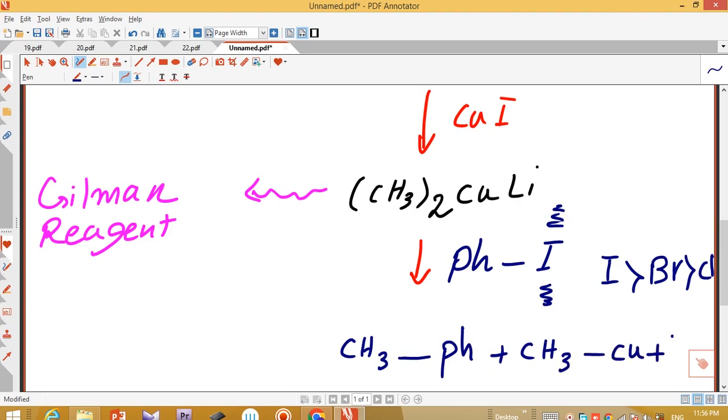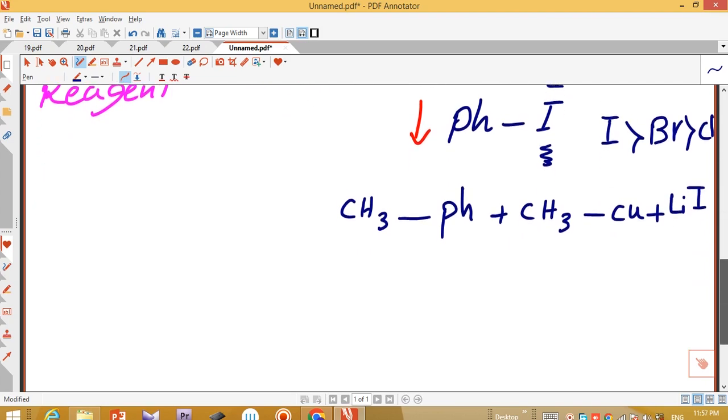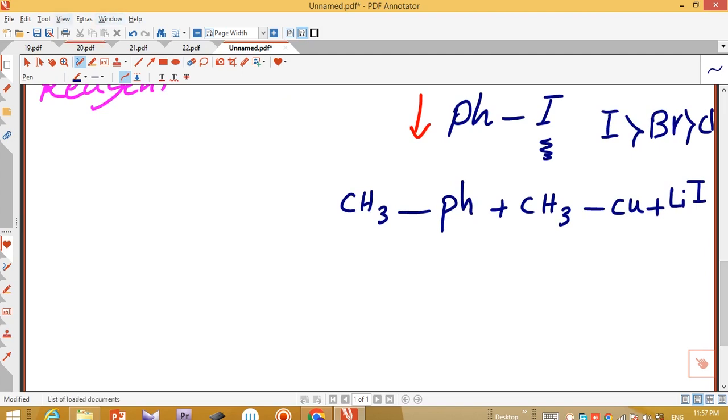Because iodide is bigger in comparison with bromide and chloride, the connection of phenyl and iodide will be weaker in comparison with, for example, phenyl fluoride.